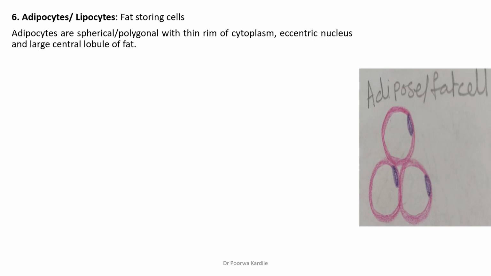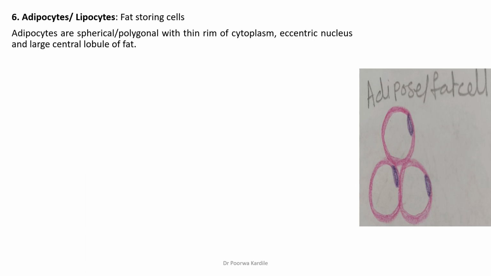These cells have a thin rim of cytoplasm and an eccentric nucleus, and there is a large central lobule of fat. This central lobule of fat will shift the cytoplasm to the periphery, so there is only a thin rim of cytoplasm, and the nucleus is also shifted to the periphery.